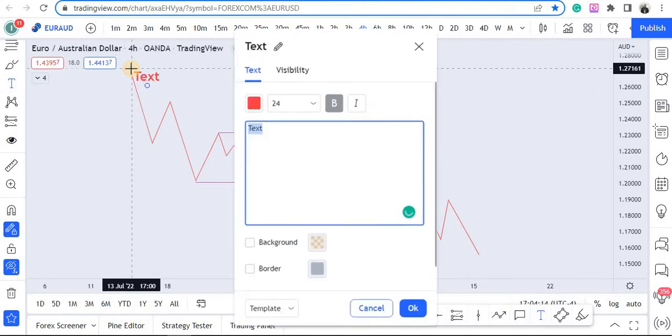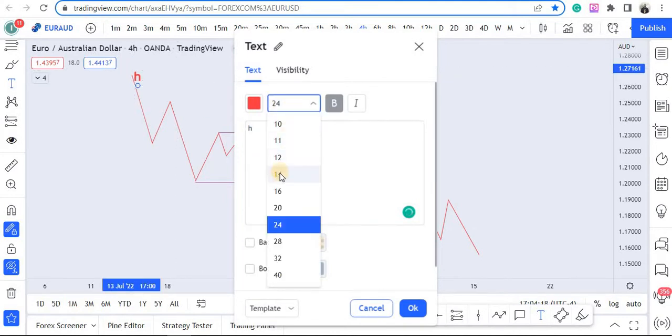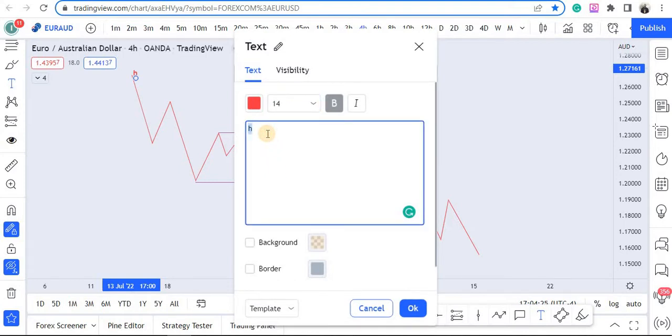We have this as the high. This is too large. We'll make it 14. We'll make it capital letter.